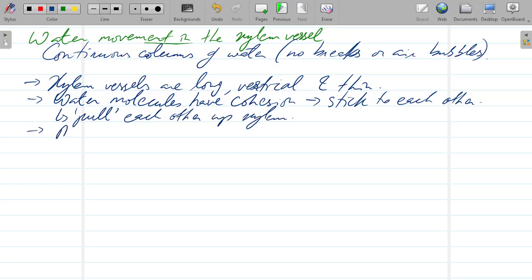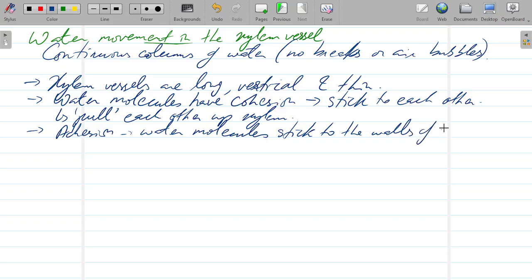Right? They also have the property of adhesion, which means that the water molecules stick to the walls of the xylem.